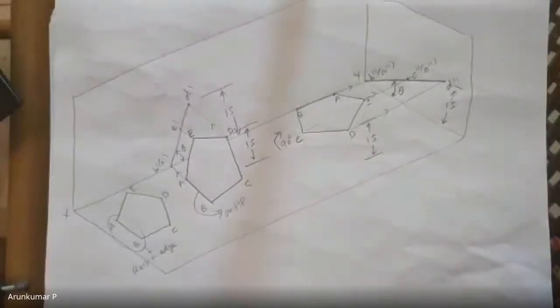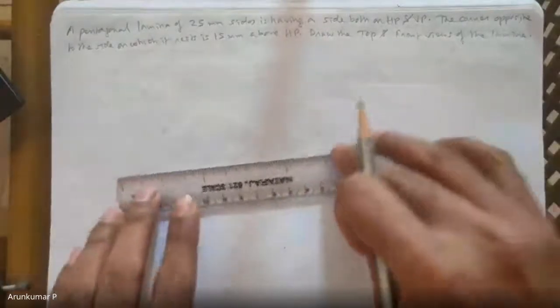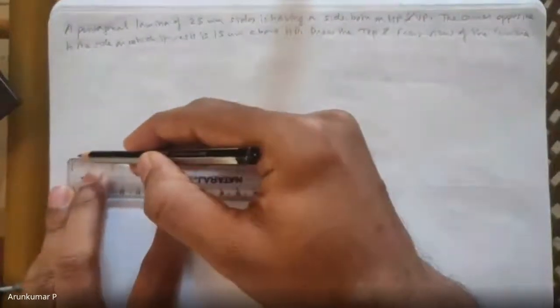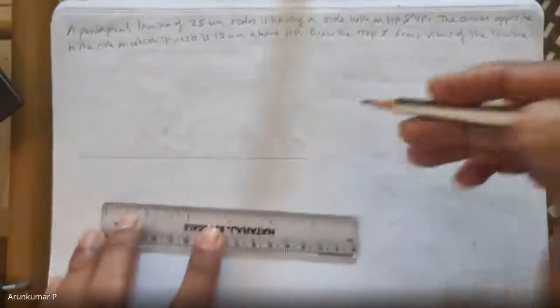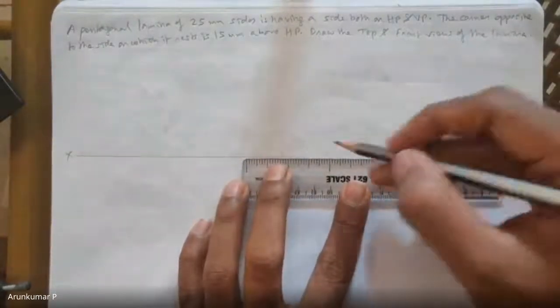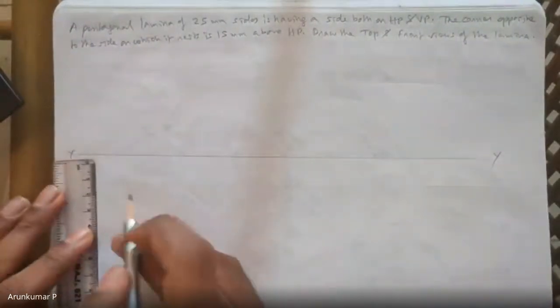So now let us quickly try to draw this in 2D. First two steps will be the same. The second step is where you have to be careful. The first step, now change it to 25 mm.